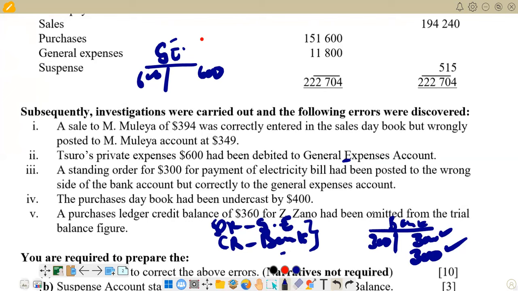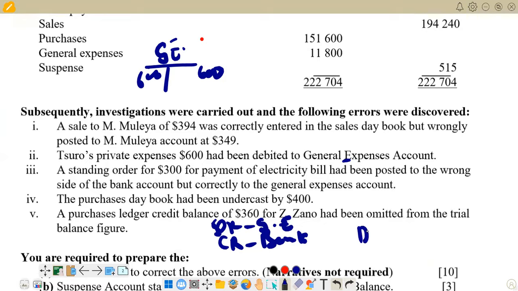Then obviously, since it's affecting the balancing of the trial balance, the opposite entry is going to be on the opposite side, in the suspense. So we go to the debit side of suspense and debit. In terms of correction of this error, let's see what we are supposed to do. We debit suspense, and then we credit bank.